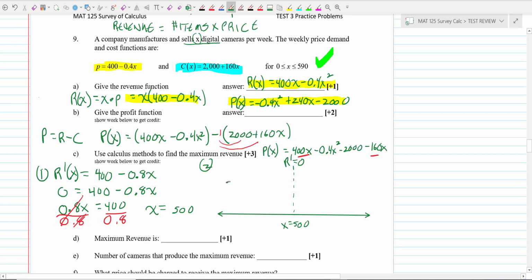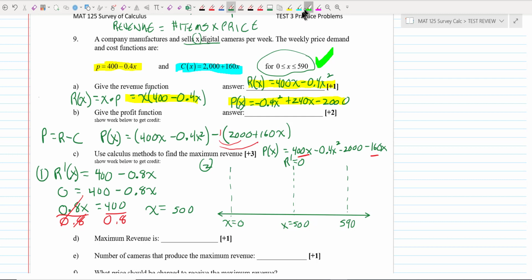We also know that this problem doesn't really make any sense unless x is bigger than 0. They also gave you a domain of this problem all the way to 590, so we're going to go up to 590. I'm not sure why that was given in the problem, but when we graph it, we'll take a look at that.